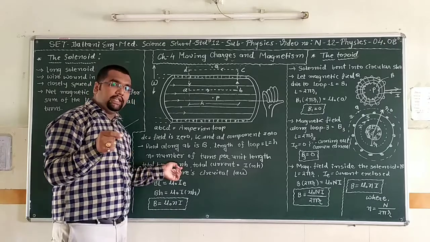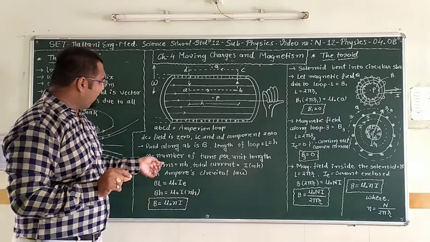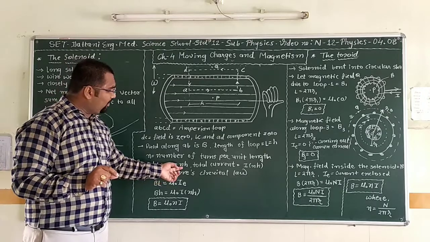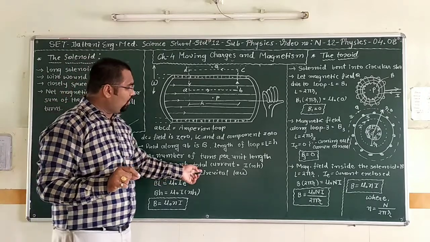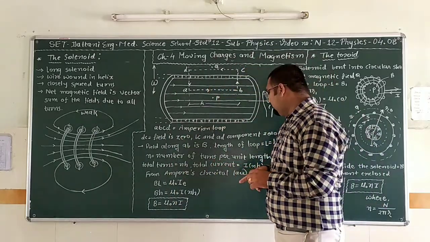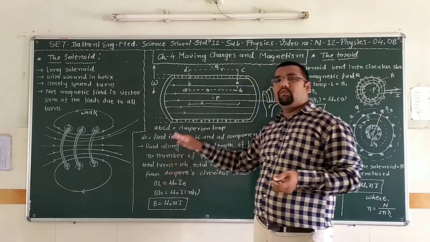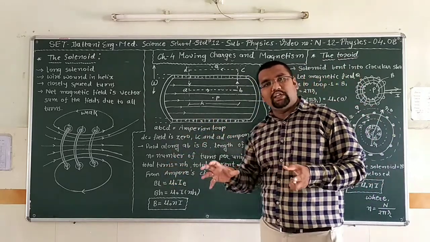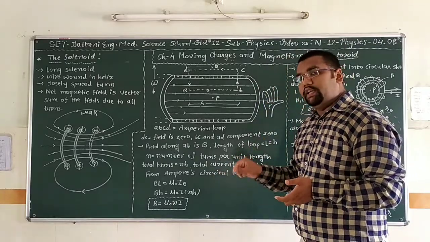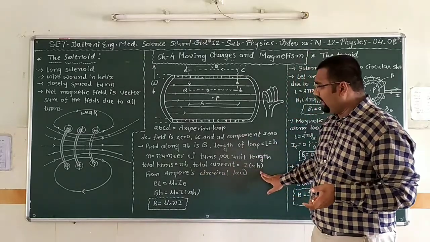The total length is h and the number of turns per unit length is n, so the total number of turns is n times h. Total current equals I times nh, because nh is the total number of turns. If we want to find the total current, we have to multiply the current with the total turns. So the total current is I times nh.